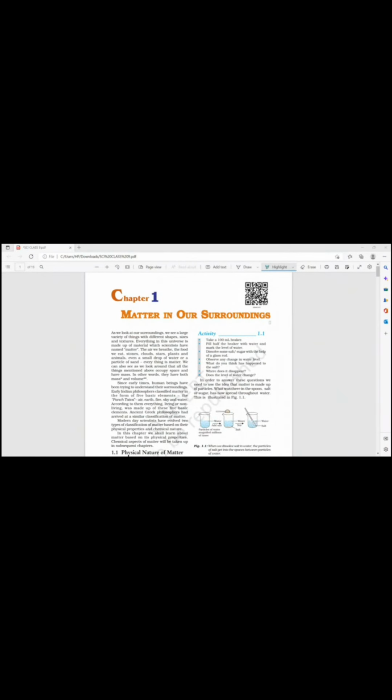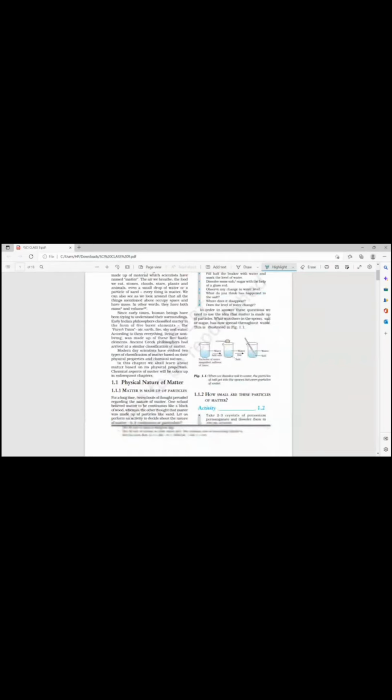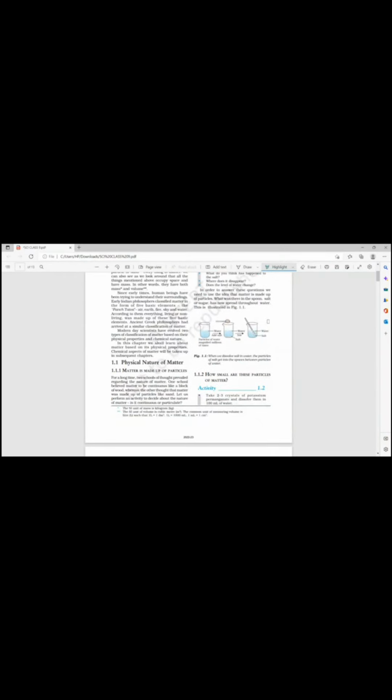Okay, now I open the NCERT in front of you. Our modern scientists have evolved 2 types of classifications of matter based on their physical and chemical properties. This is highlighted here.